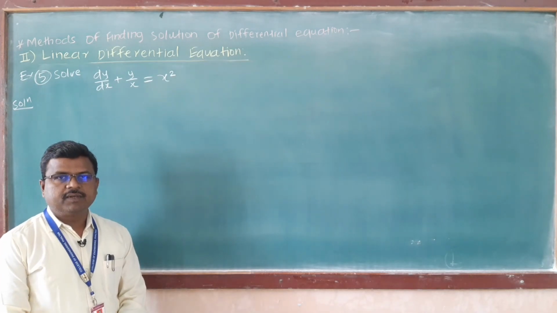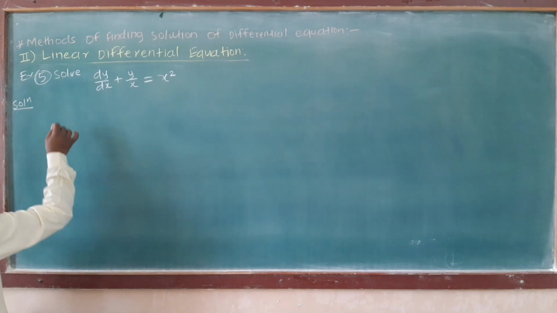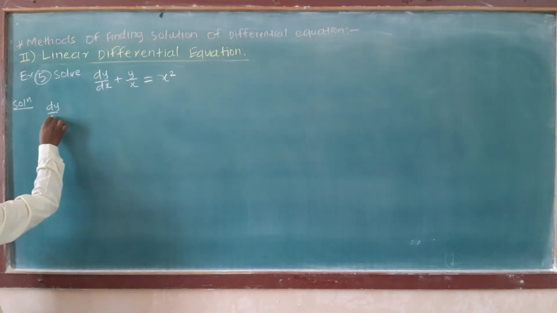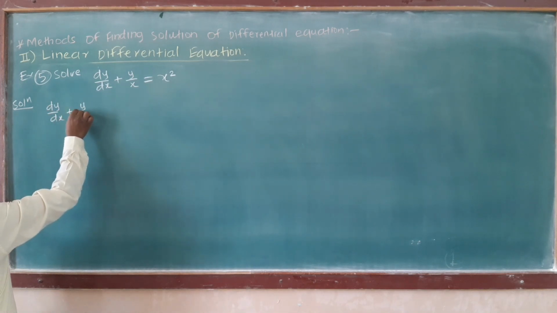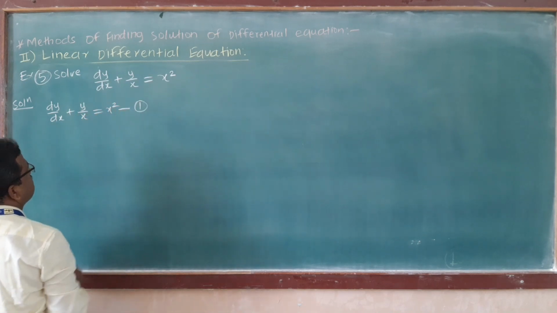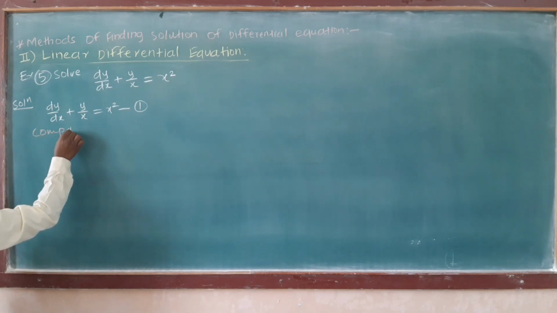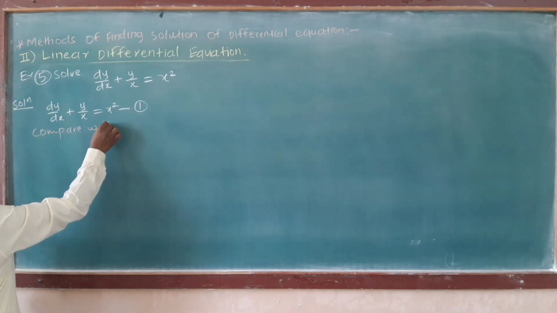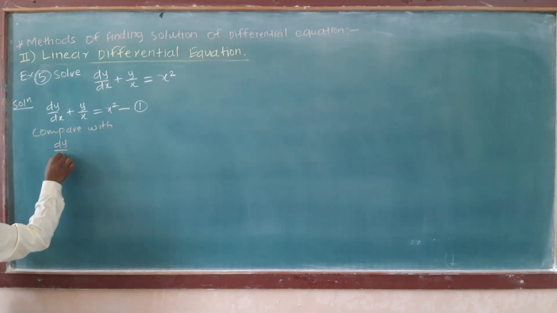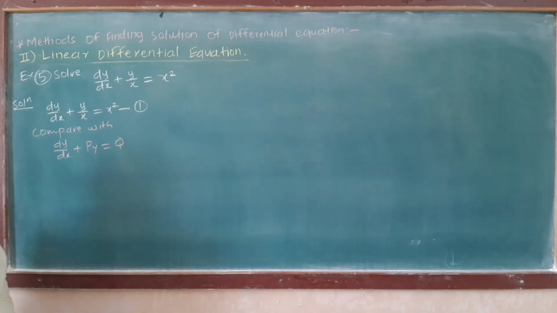See this next example number 5. Call this as 1: dy by dx plus y upon x is equal to x square. Call this equation number 1. Now compare this with dy by dx plus py is equal to q.